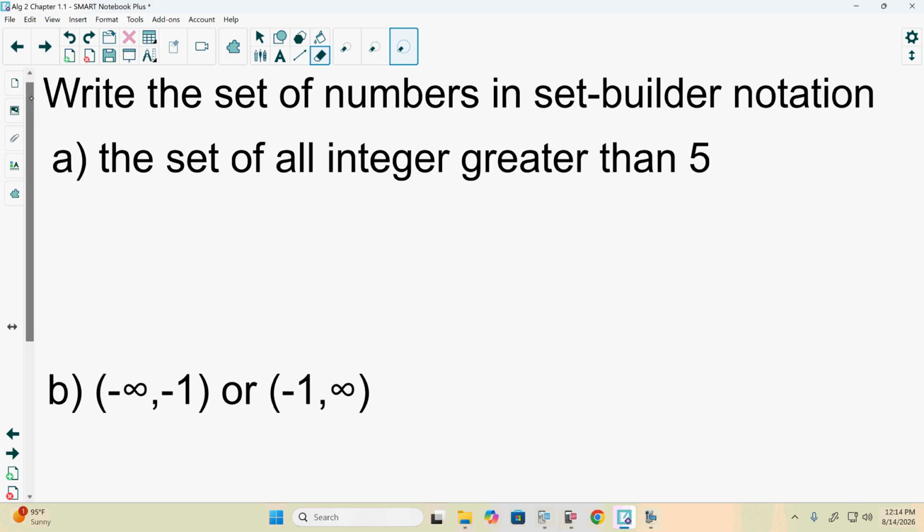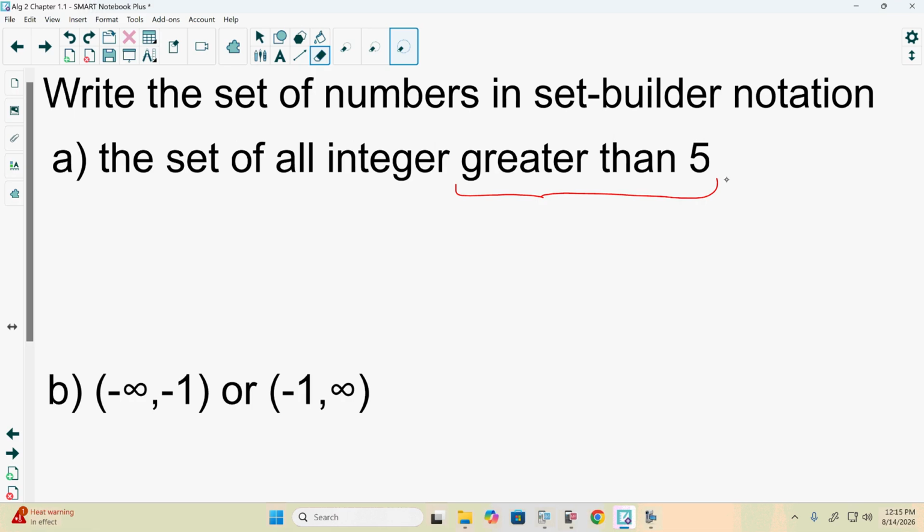Writing the set of numbers in set builder notation. So now we need to actually write it. Now there's two main parts of set builder notation. We have the description of our numbers, describing our number types or what group of numbers we're talking about, and the description of what we're actually looking at, our description. Now for this here, our description is going to be greater than 5.